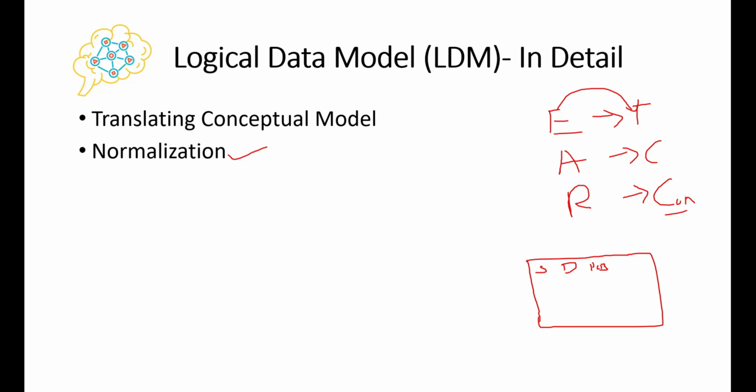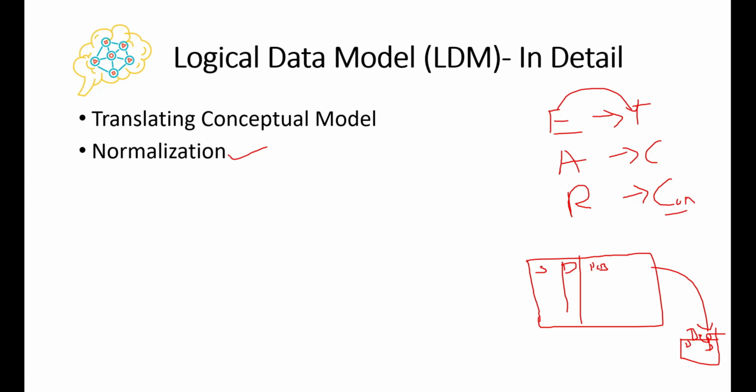Suppose I want to segregate department into a separate sub-table. I will take the department column out from here and create a new department table with a department ID and department name, and I will have the relationship that a student belongs to a department.